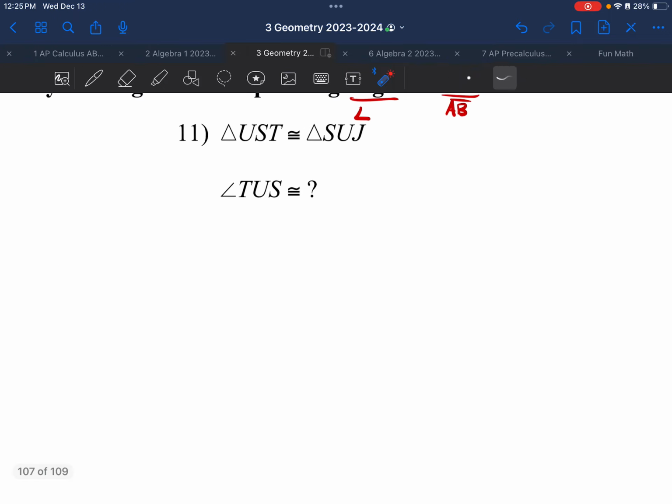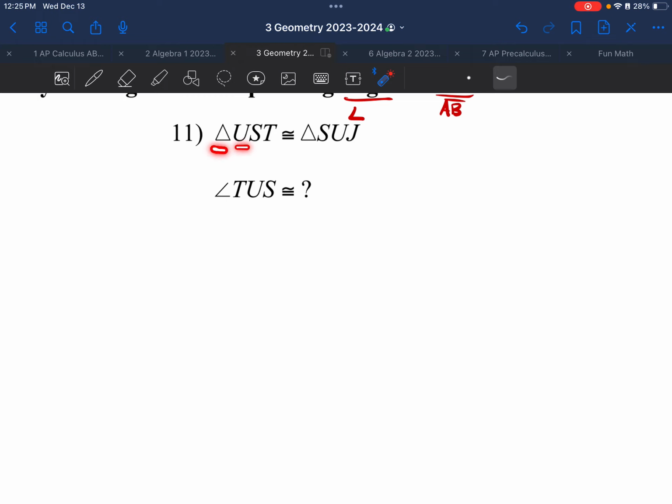In number 11, it doesn't give me any diagram. It just tells me triangle UST is congruent to triangle SUJ. So it's saying angle U, and to define U more clearly, they do TUS, is congruent to, well, U is right here. U must be congruent to S. So I'm going to go ahead and put an S in the middle. This is going to be an angle.